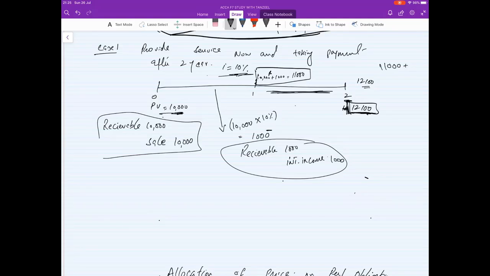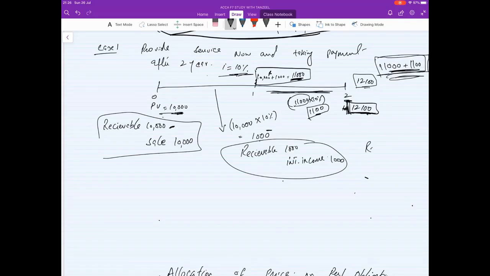Now take 10% of 11,000, which is 1100. So after 2 years the cash flow will be 11,000 plus 1100, which is 12,100.